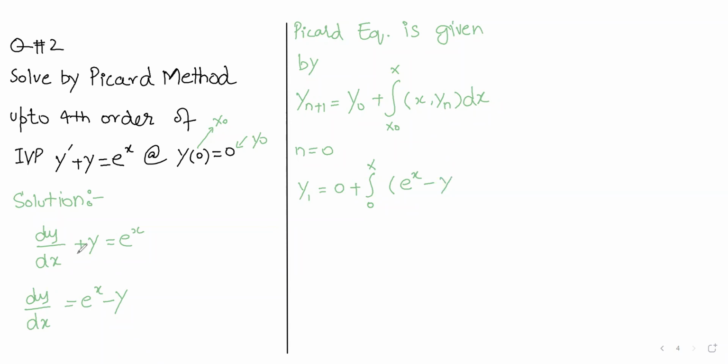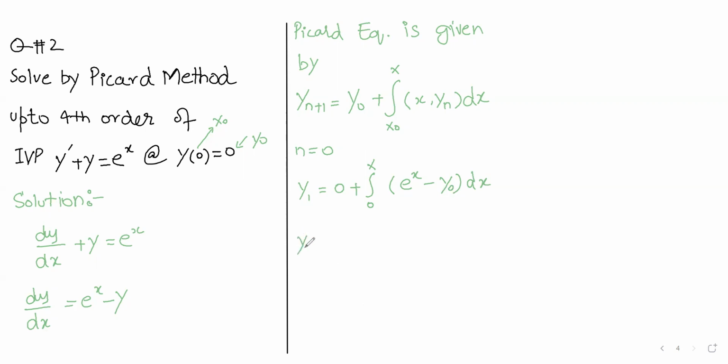This should be equal to minus y and minus y, that's it, and dx, right? So this one should be equal to yn, so y naught.